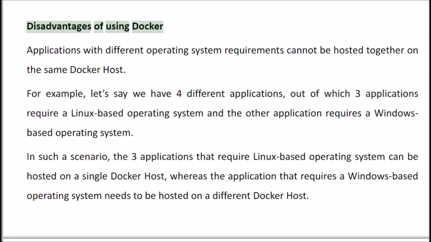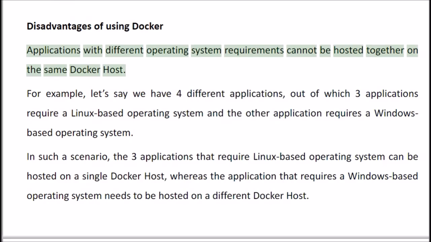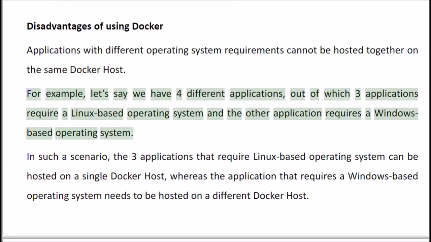Disadvantages of using Docker. Applications with different operating system requirements cannot be hosted together on the same Docker host. For example, let's say we have 4 different applications, out of which 3 applications require a Linux-based operating system and the other application requires a Windows-based operating system.